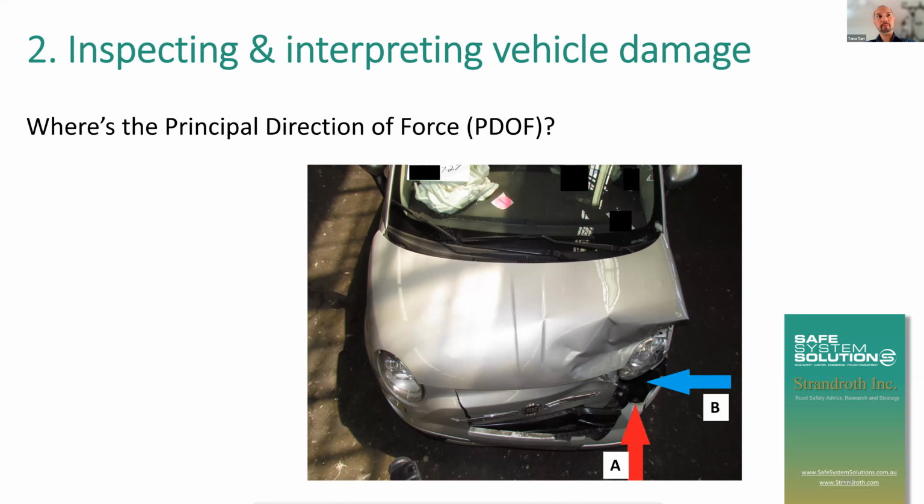As I forgot to mention earlier on, crash investigation can be as much of an art as it is a science. But the most definitive way to do this is to actually run a crash reconstruction on your computer. Yeah, that's right. I think the point is this course isn't about teaching the full crash reconstruction methodology and the software and how to plug all of this in.